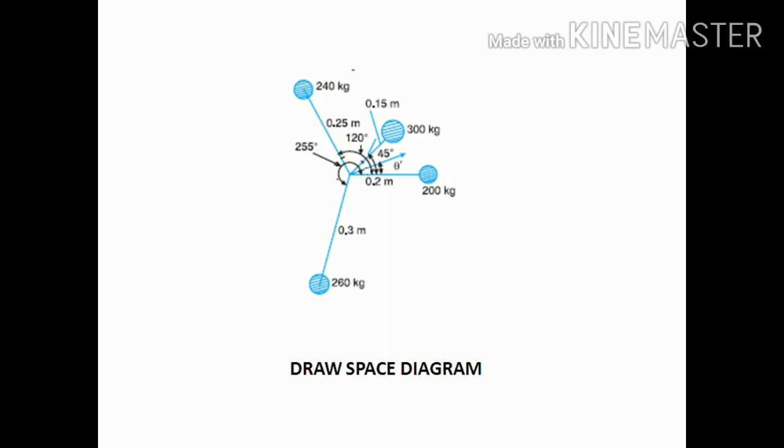Similarly, the next line is 1.5 centimeters, which represents 0.15 meters with mass 300 kg. The next angle is 120 degrees, radius 0.25 meters, that should be 2.5 centimeters with mass 240 kg, and the last one is radius 0.3 meters, 3 centimeters with mass 260 kg.